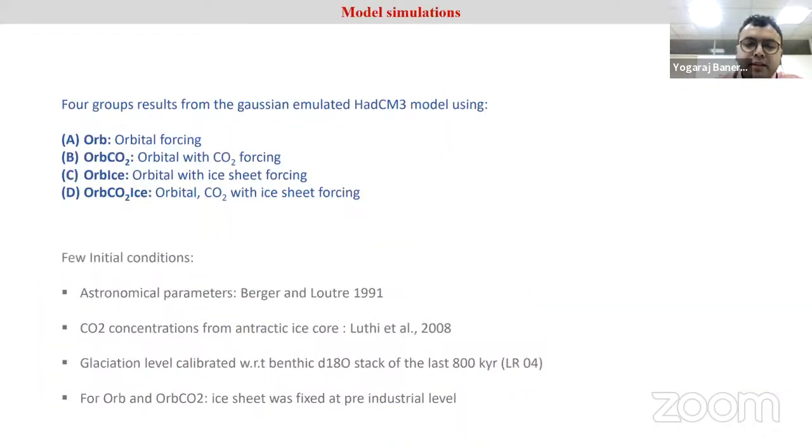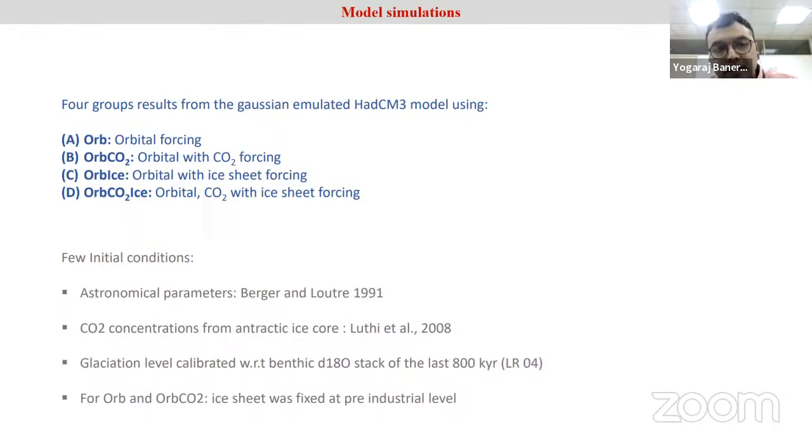So in the next stage, we carried out a model simulation and tried to reconstruct the precipitation history at different conditions using an HadCM3 model. And there are four outputs, or four groups of results. One is orb, that means the orbital forcing, and then orb CO2, that is orbital forcing with CO2 forcing.